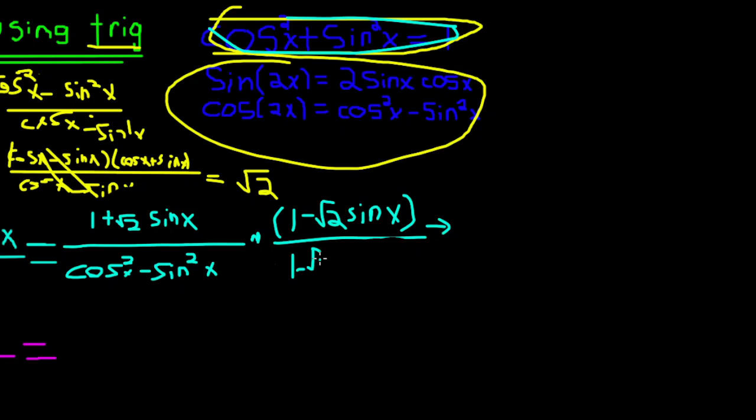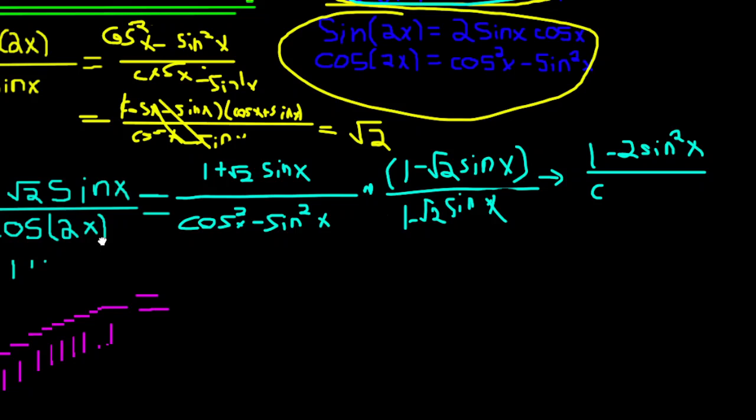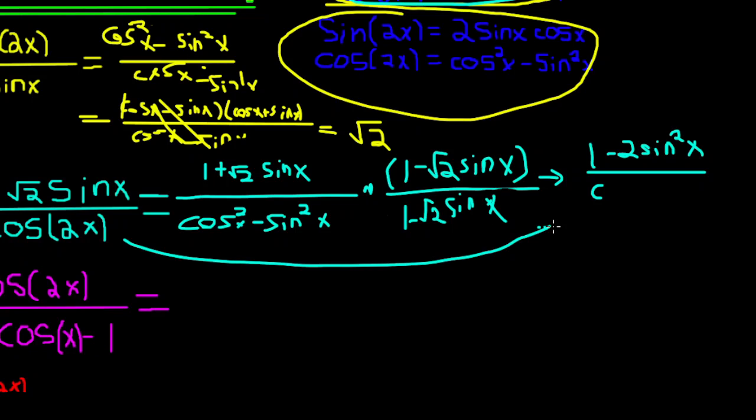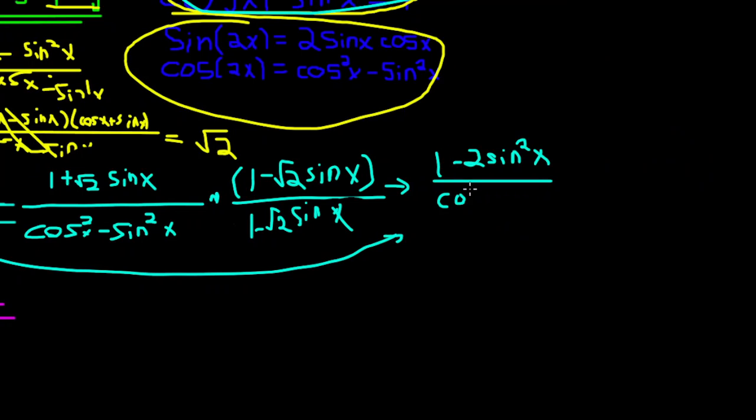We don't want to change anything. x. Okay. And so this is going to be difference of squares, so 1 minus 2 sine squared of x divided by, I'm going to turn this back into the original form because I don't think I'm going to use that expanded form. So cosine of 2x times 1 minus square root of 2 sine of x.